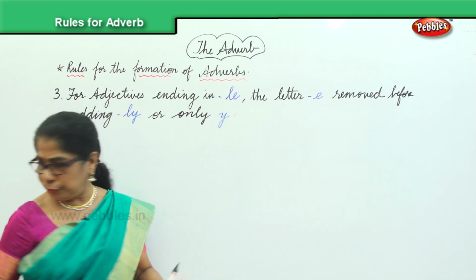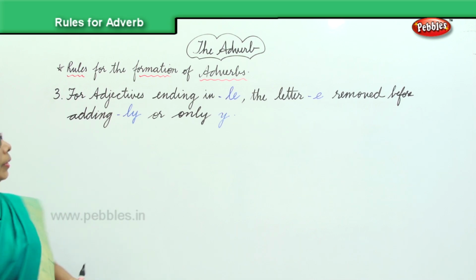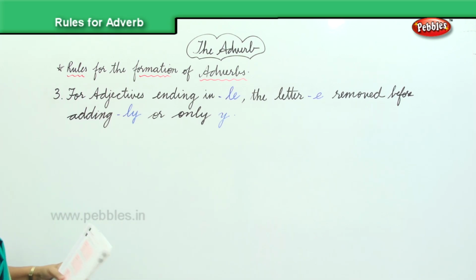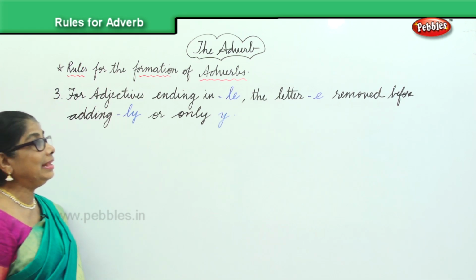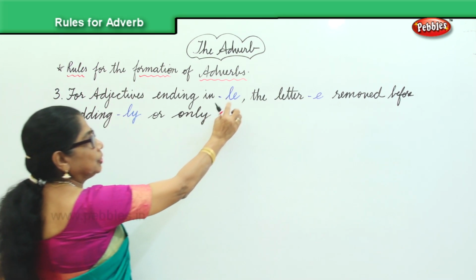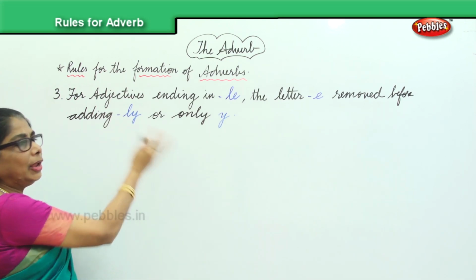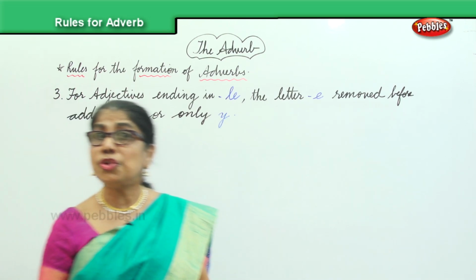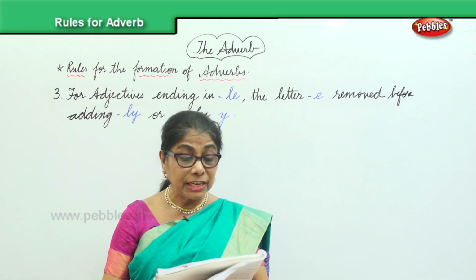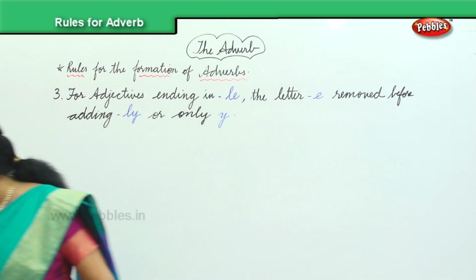That's the rule we are going to follow now. The third rule for adjectives ending in le, the letter e is removed before adding ly or y. This is not for all the words, just for a few words only.